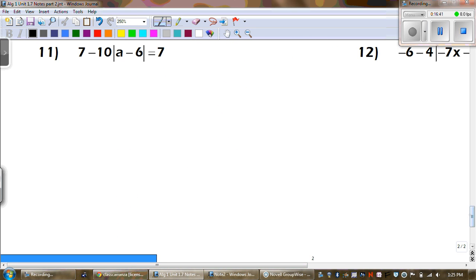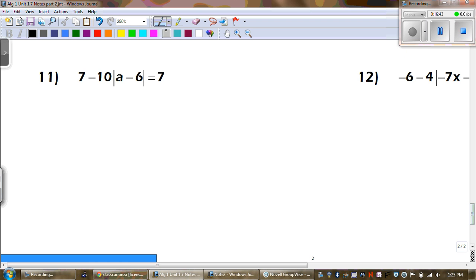Okay. Number 11. There's the absolute value. I want to get it all by itself. So the first thing we have to do is subtract the 7. Those cancel. The absolute value stays, guess what? 100% exactly the same. You cannot distribute that -10. We have to divide.